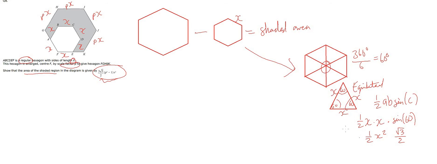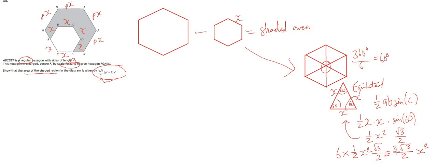Okay, so that's the area of my triangle. Okay, now I want the whole hexagon. The whole hexagon, there are 6 triangles, so 6 times 1/2 times x squared times the square root of 3 over 2. Let's simplify it. Well, 6 times 1/2 is 3. So I've got 3 times root 3 over 2 times x squared.